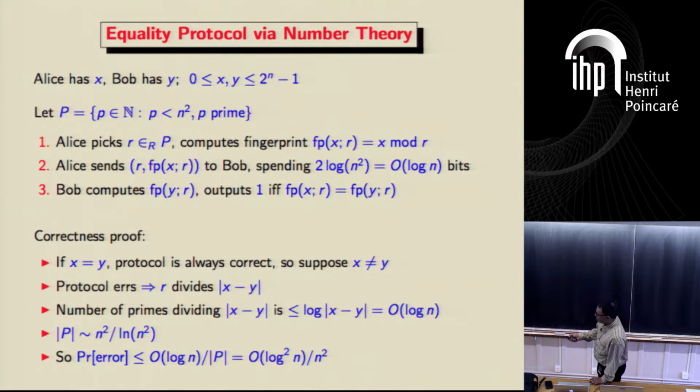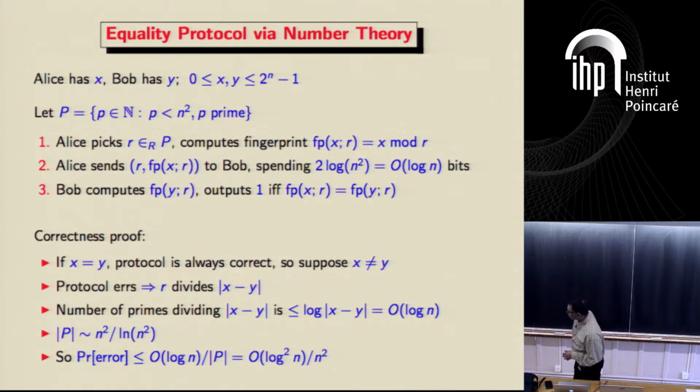The prime number theorem tells us that the size of P, the number of primes up to n squared, is asymptotically n squared divided by natural log of n squared. Meanwhile, the number of primes that do divide x minus y, by fairly easy estimation, is at most log base 2 of x minus y.